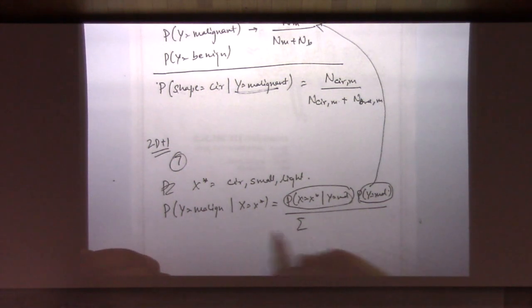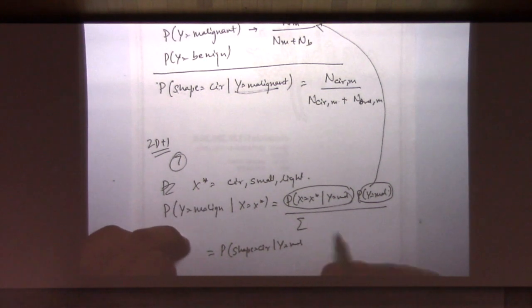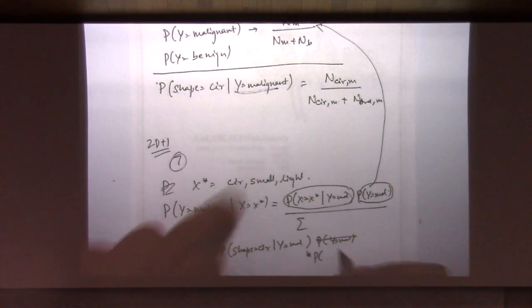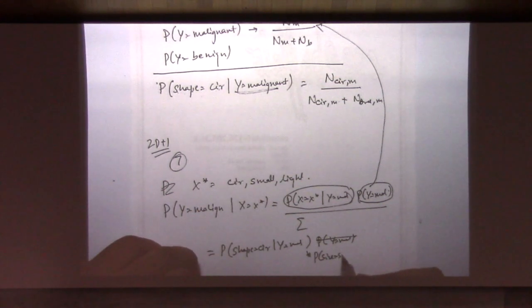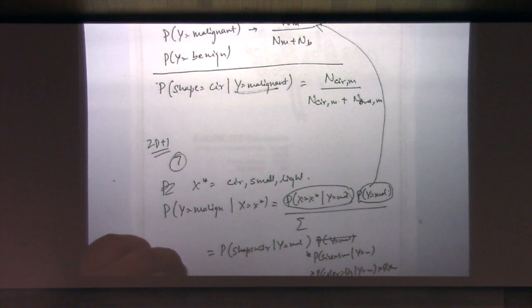So this will become probability of shape equal to circular given Y equal to malignant, times probability of size equal to small given Y equal to malignant, times color equal to light given Y equal to malignant, times the prior probability of Y equal to malignant, and so on. Now you can get the probability.